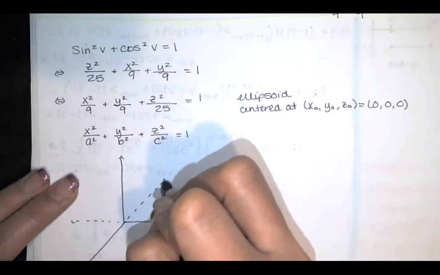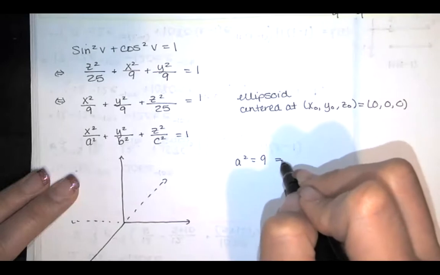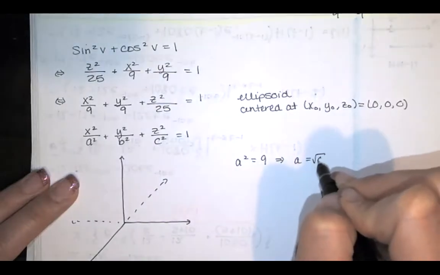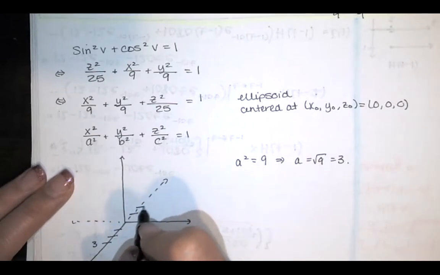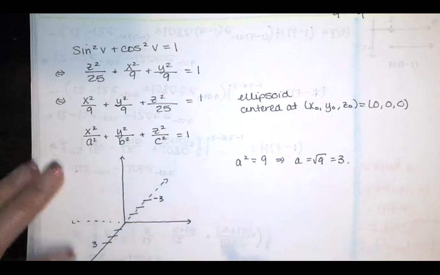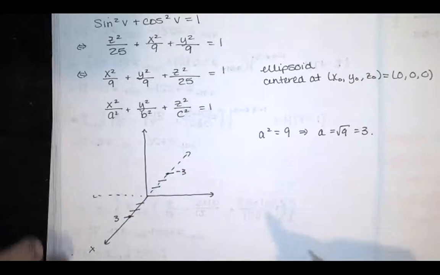So I noticed that my a squared, that's the number under the x squared, is equal to 9. So take the square root. A is 3. So that means we're going to go plus and minus 3 units in the x direction from the center, which was 0, 0, 0. So those are points on our ellipsoid.